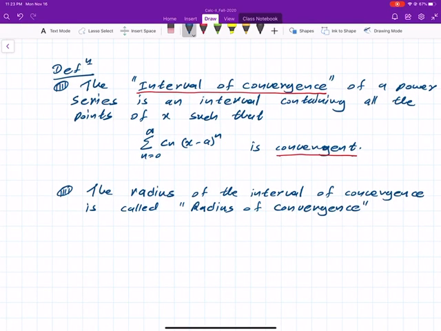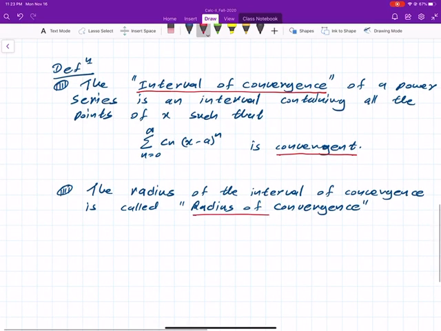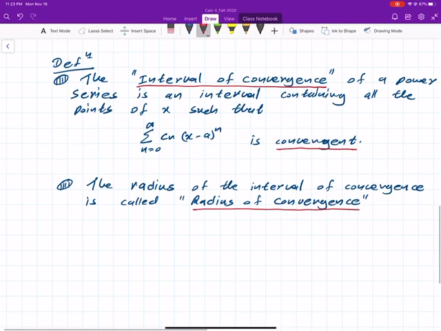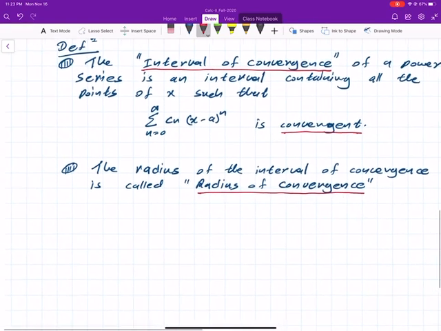All right. So now this is the radius of convergence, that is the radius of the interval. I can explain this later. All right, so let's go forward.